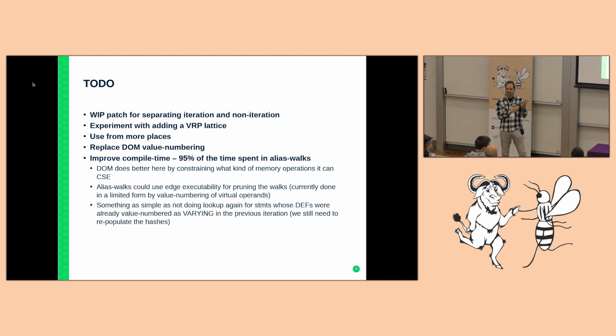So doing this at the same time sounds like a good idea, and I think it will work out nicely in the non-iterating mode. Whether it will work out nicely in the iterating mode, I have to figure out, or if it's ending up too costly. So yeah, I want to play with that a bit.